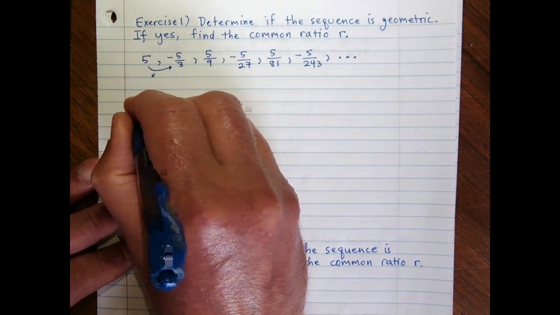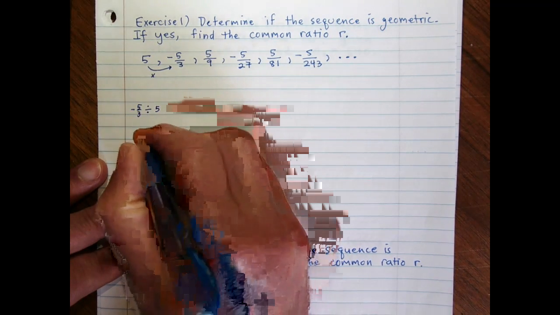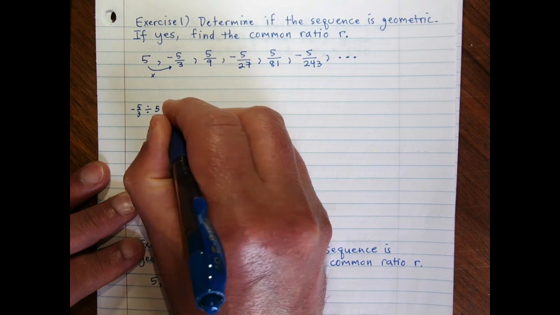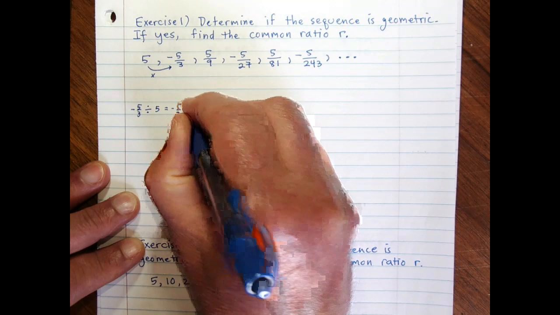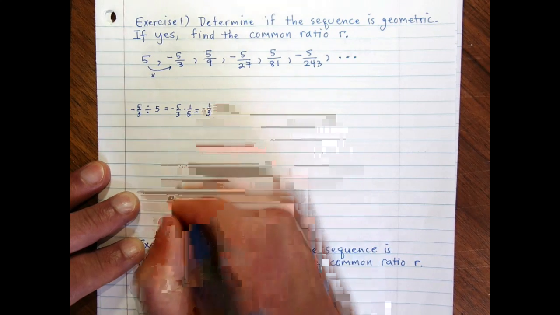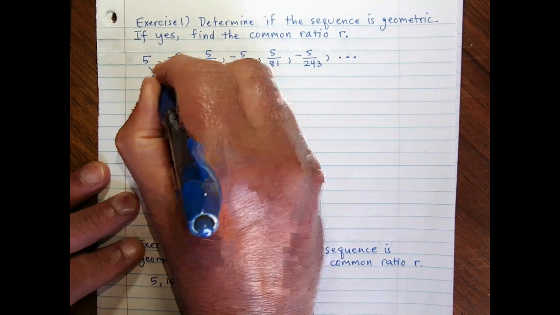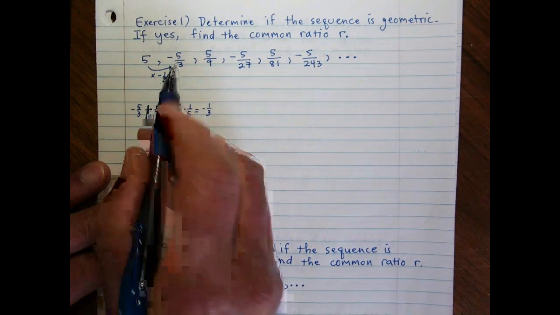So I'm actually going to take negative 5/3 and divide by 5. That's negative 5/3 times 1 over 5. The 5's will cancel, and I end up with negative 1/3. And so 5 times negative 1/3 is negative 5/3.